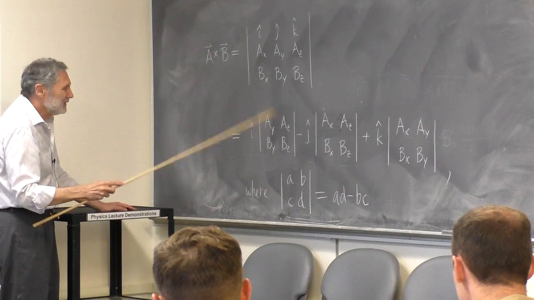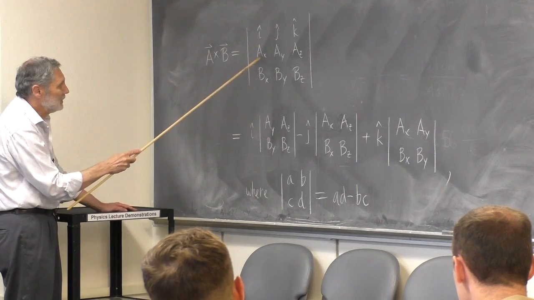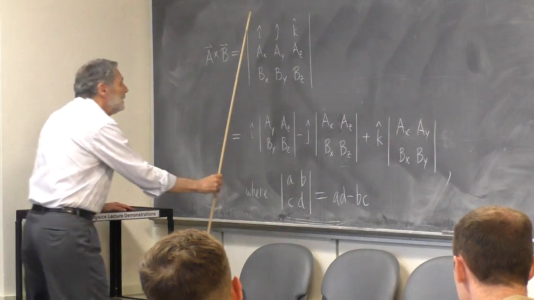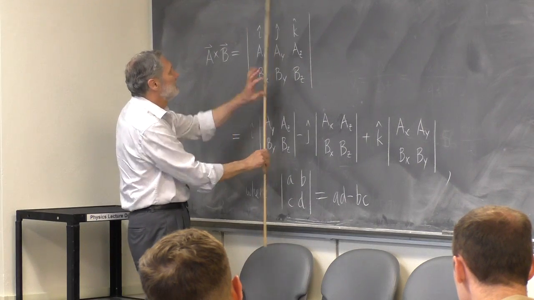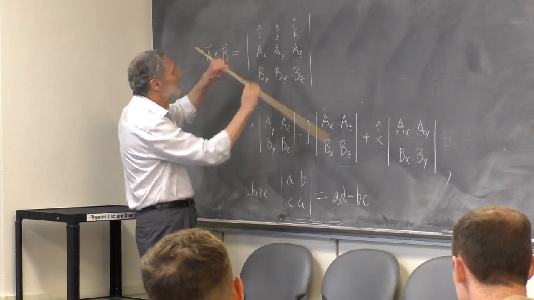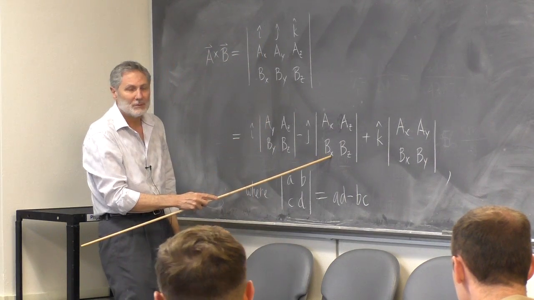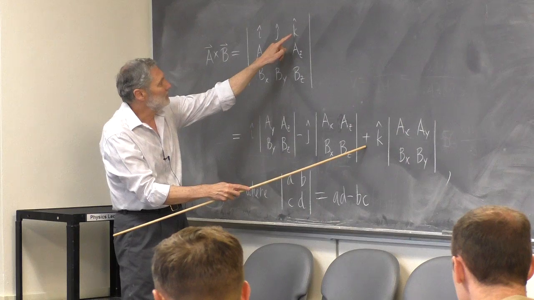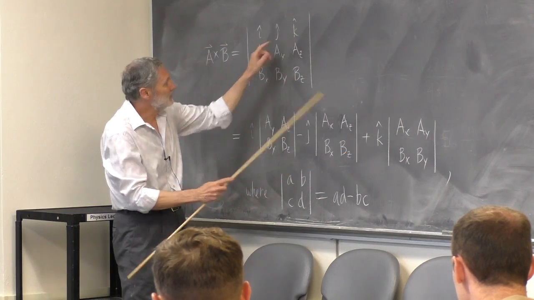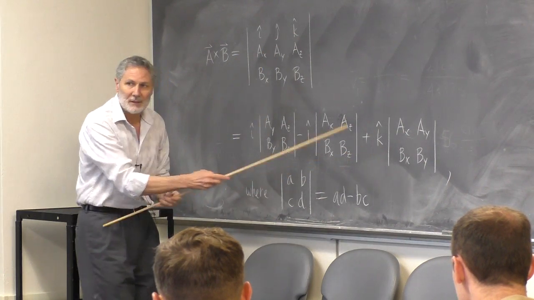Then you have to alternate sign. It's a minus sign here, and then you have to do this subdeterminant. You generate the subdeterminants by killing the columns and rows here. When I take j, I kill this, and I'm left with this subdeterminant. Finally, you take this with a plus sign times this subdeterminant, and you get that.